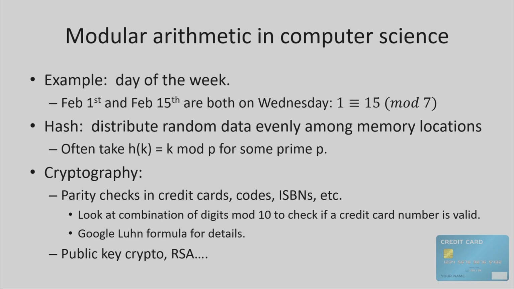There is a formula, and this formula allows you to check very quickly whether the sequence of digits might correspond to a specific credit card number. Of course, the would-be numbers that pass the check don't necessarily correspond to any actual credit card number because of other constraints, but at least it gives the system a pretty good idea whether what you entered is some arbitrary sequence of digits or whether it could really be a credit card.